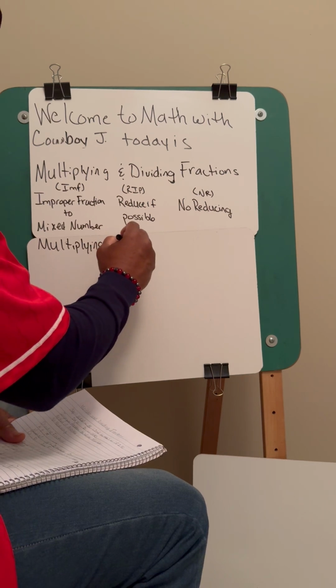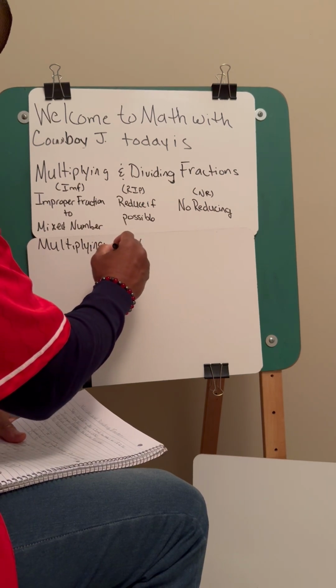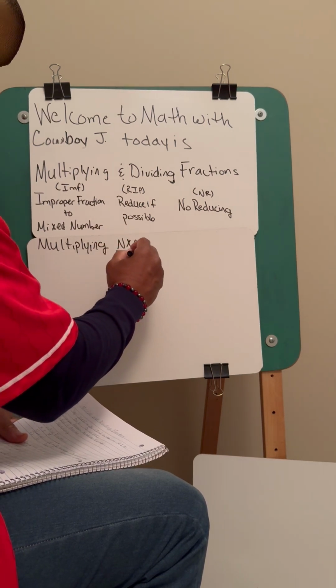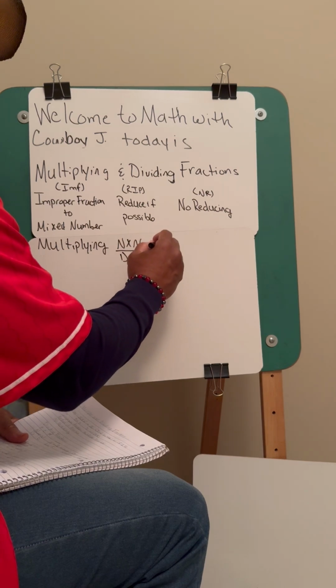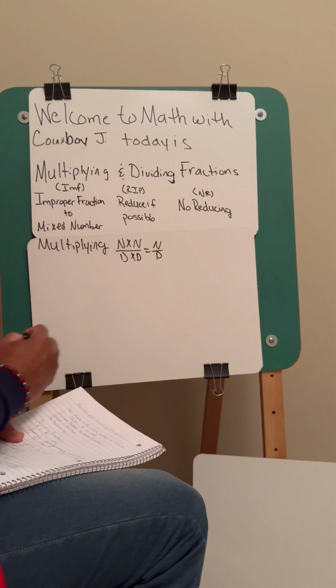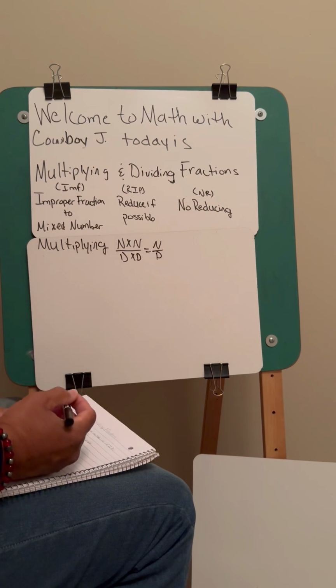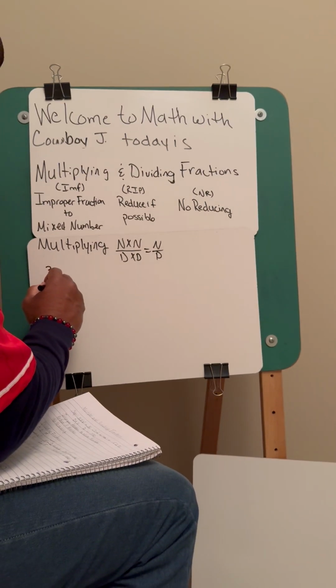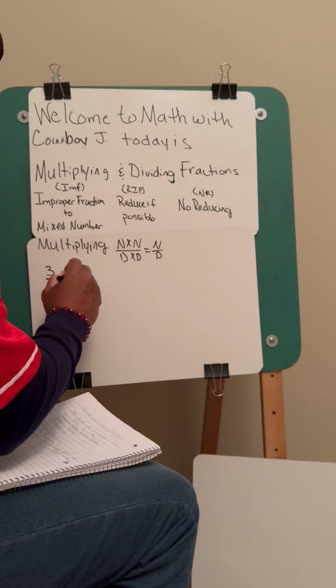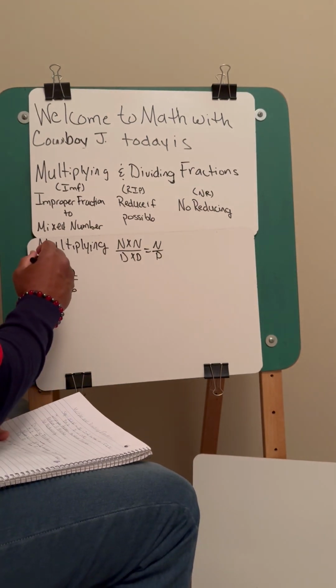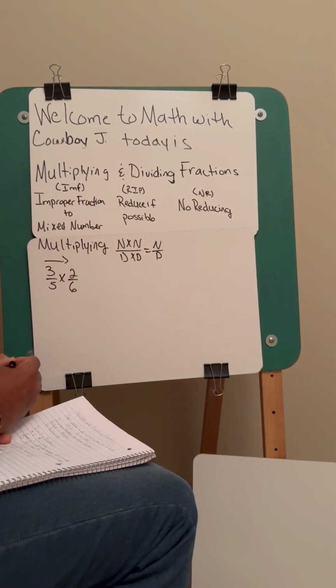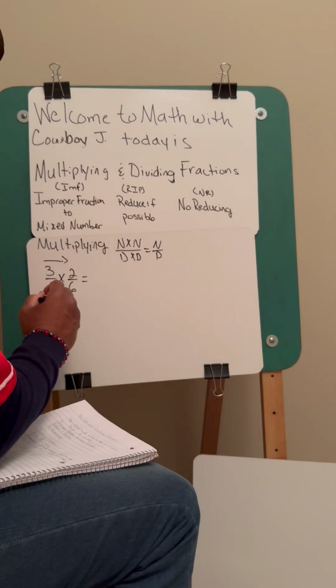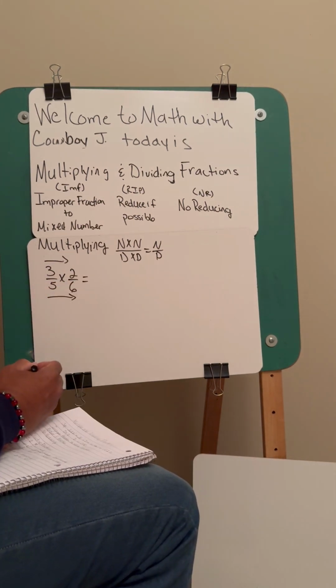It's simple. Numerator times numerator, denominator times denominator equals numerator over denominator. So let's say I had 3/5 times 2/6. Numerator times numerator, denominator times denominator.